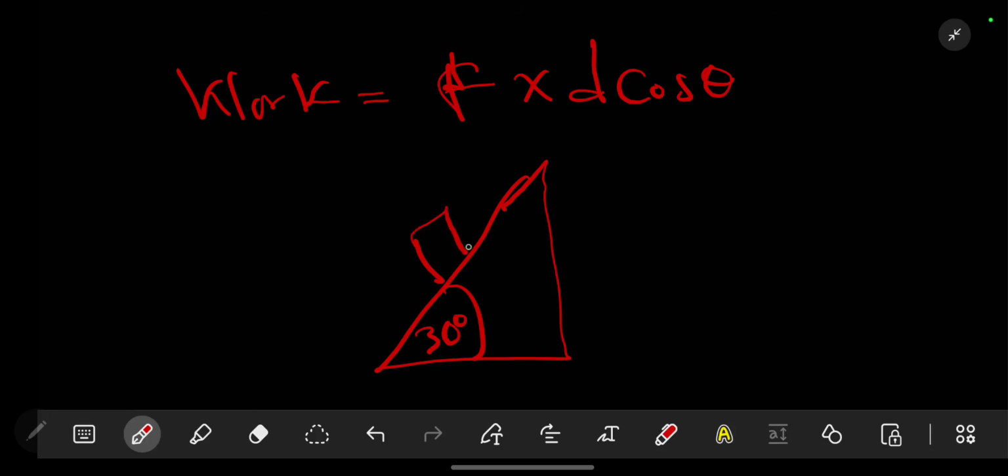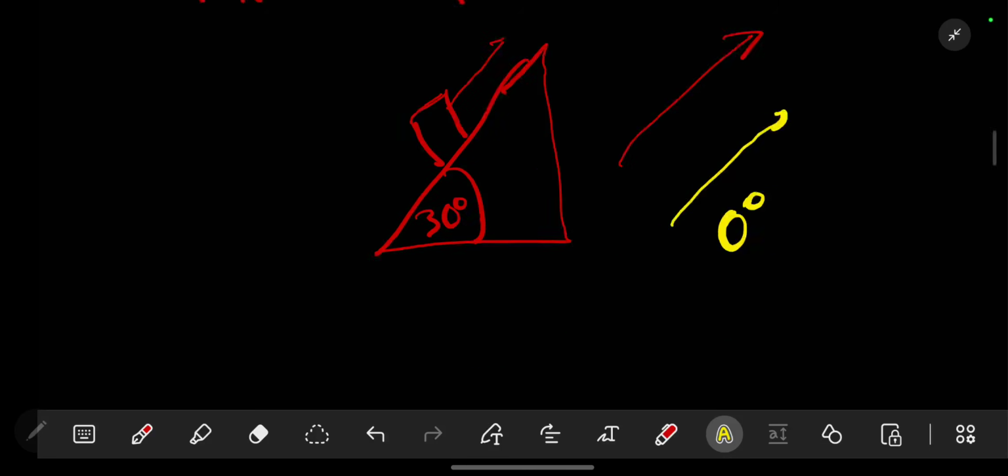Then they happen to say parallel. So if this is being pulled parallel to the incline, the angle between two parallel lines is 0 degrees. Therefore, that is the angle they are talking about when they say parallel.